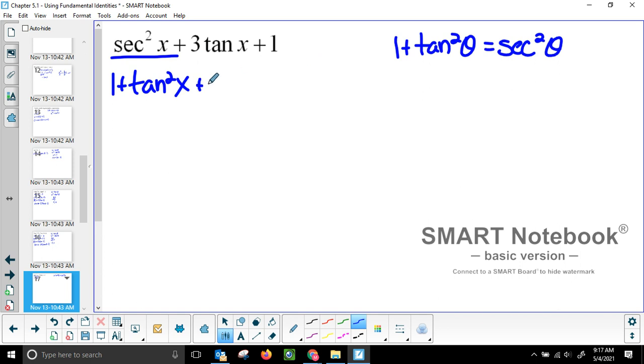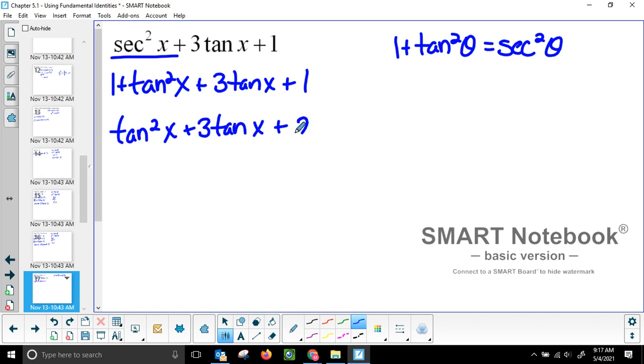Then I still have my plus 3 tan x plus 1. Now I have these common like terms, both of my constant terms. So this really becomes tan squared x plus 3 tan x plus 2.